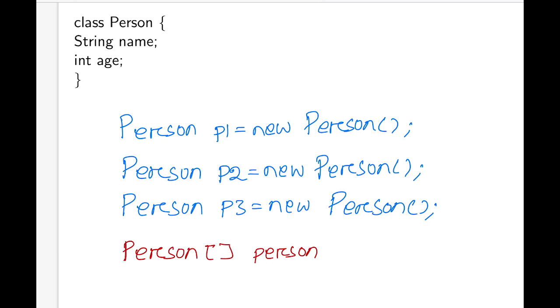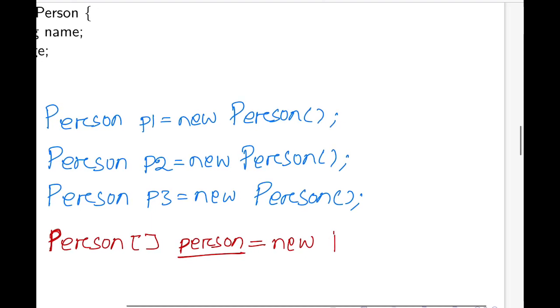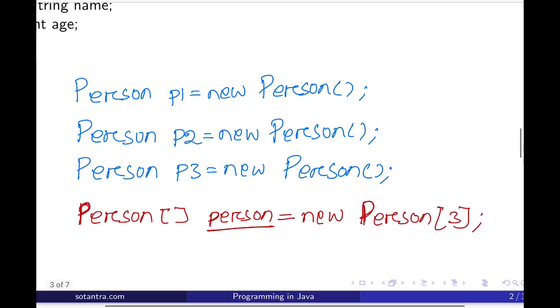So here capital P represents the class name and small p represents the array name, or you can give any other name. Person, square bracket, person equal to new person, where this is the class name, capital P, and you can write the size. For simplicity we are considering 3.